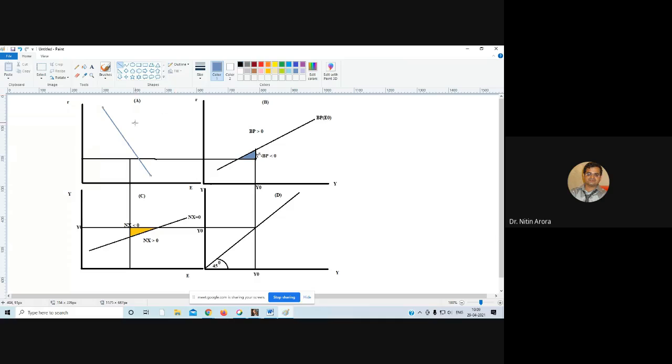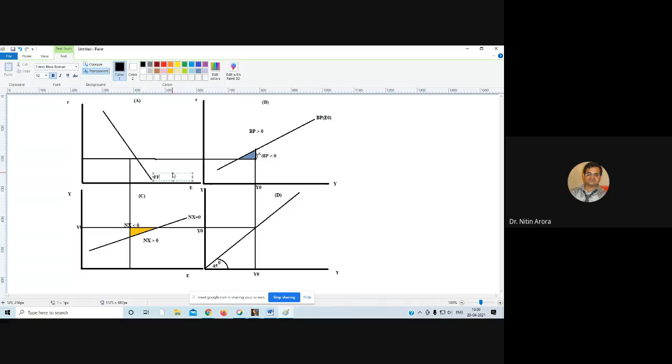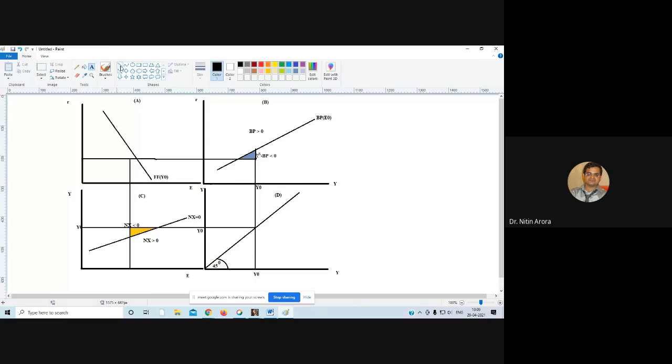Let us suppose this is the FF curve, drawn for some level of income, say Y naught. Fine. If this is the FF curve, this pink area would be the surplus in capital account that we can generate with this interest rate R naught.